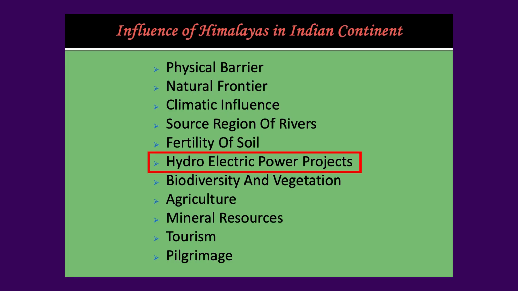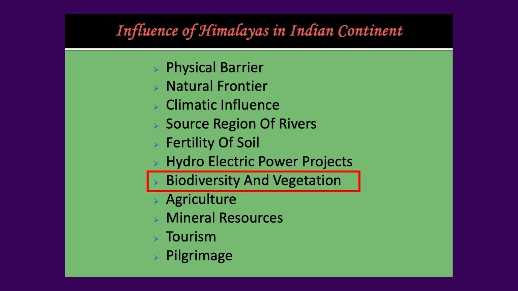Next one is hydroelectric power projects. The Himalayan valleys with natural waterfalls offer the best location for construction of dams. The vast potential of Himalayan rivers offers a great range for construction of many mainstream dams. The next one is biodiversity and vegetation.